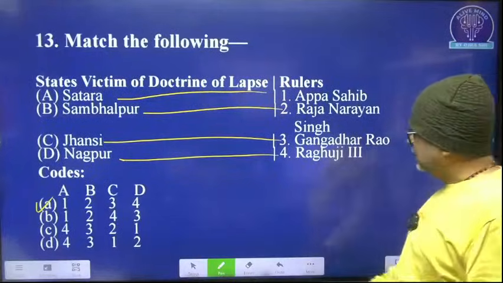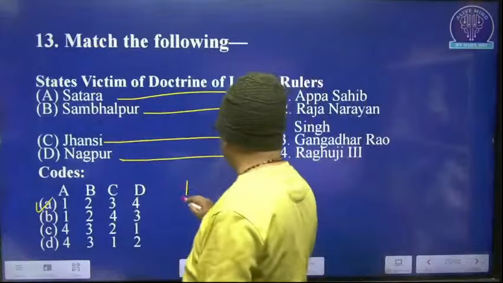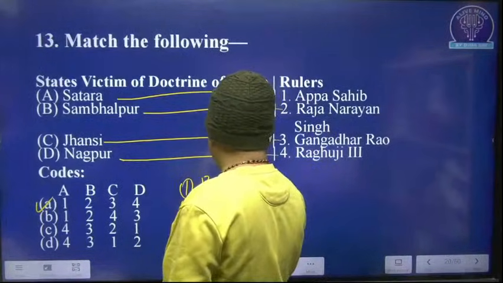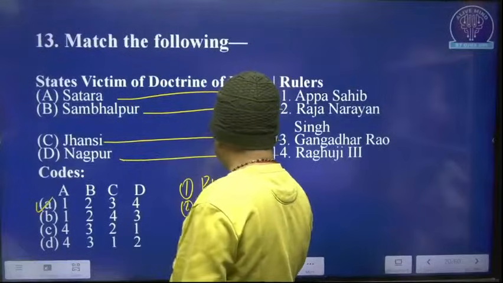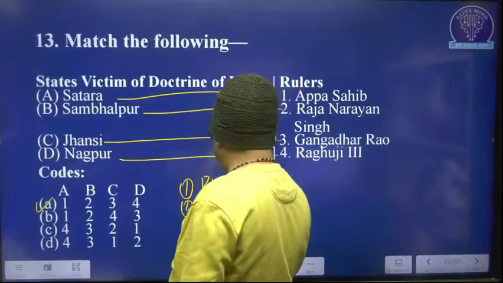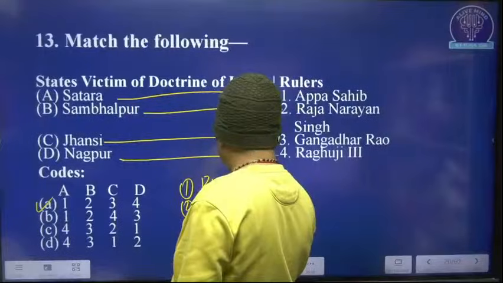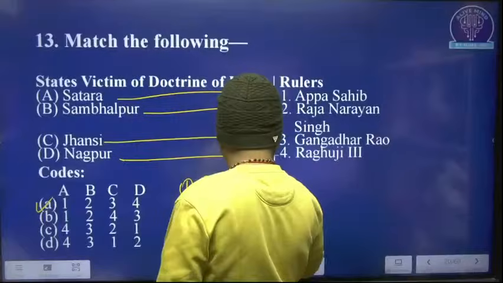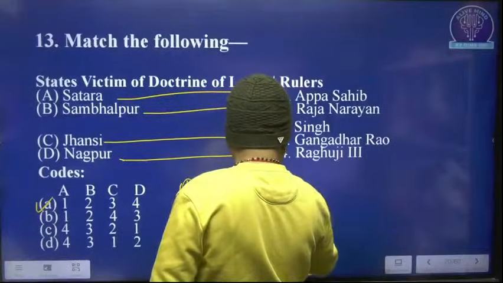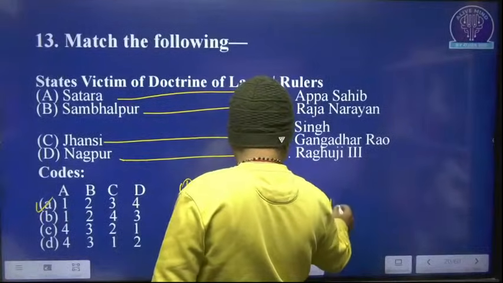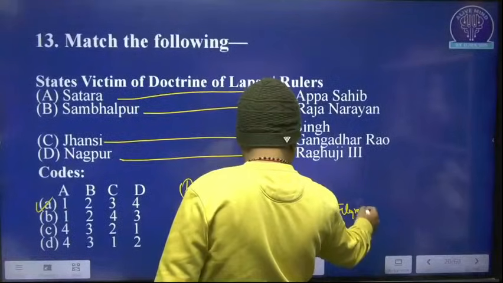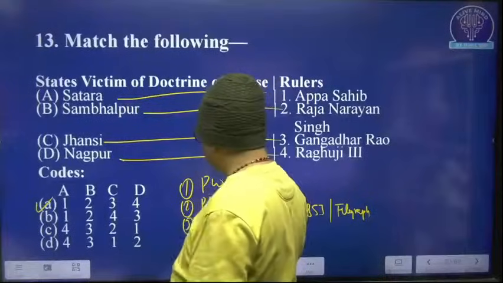Now Dalhousie has done multiple works. He is famous for PWD department. He is famous for PED, Public Education Department. He is famous for infrastructural revolution. Railway 1853, telegraph, post.